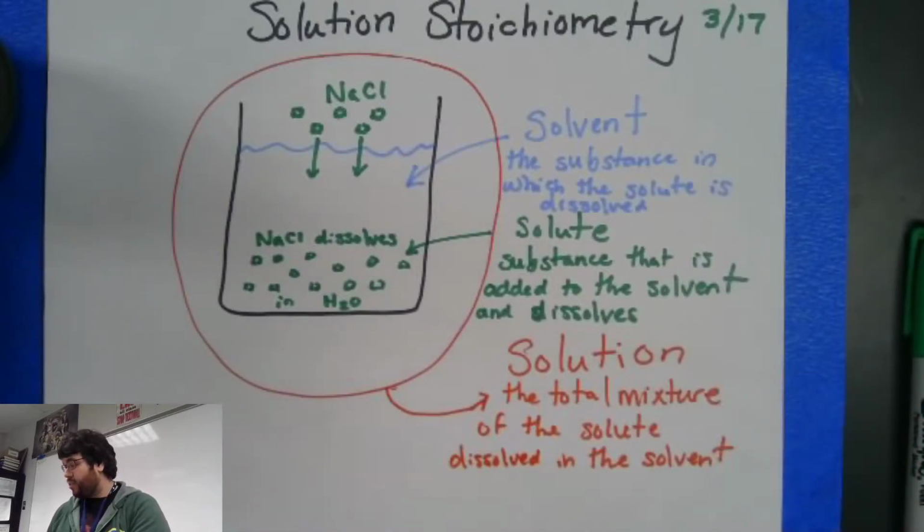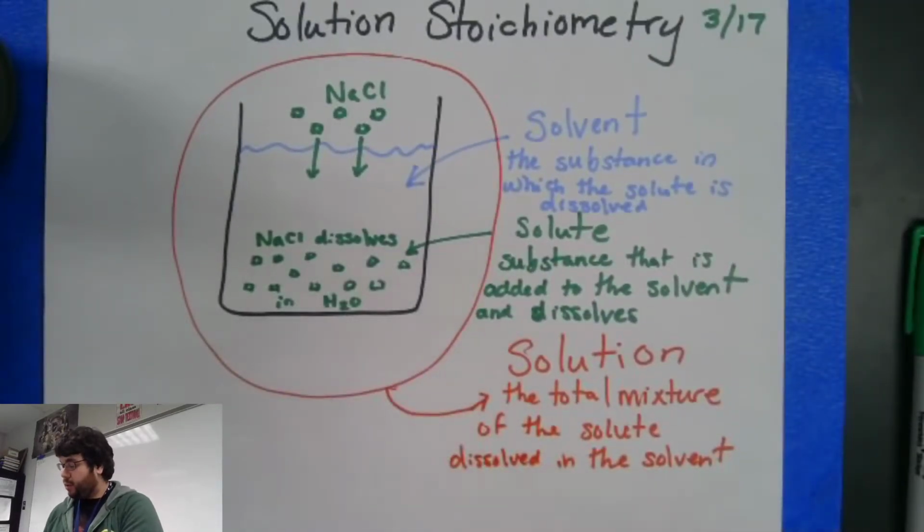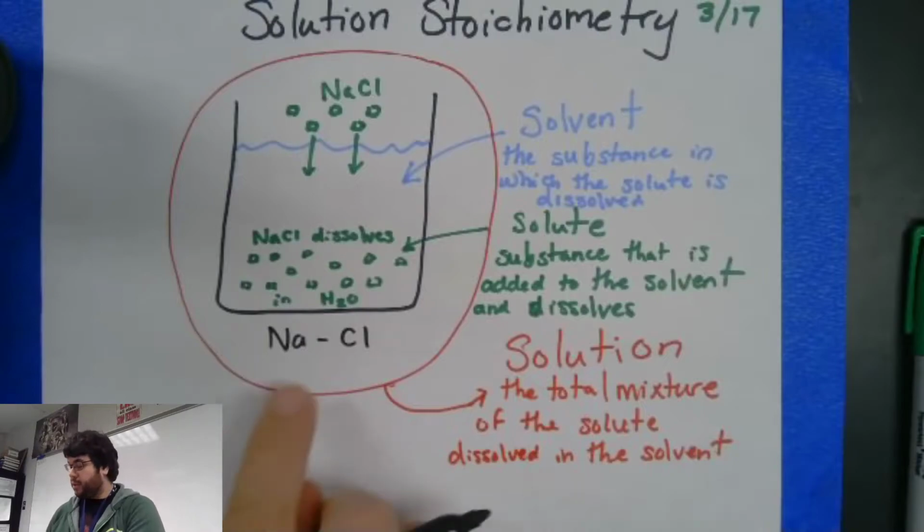And why does it dissolve? Well, you might remember that when the salt goes into water, like in the picture here, the ionic bond, NaCl, that bond is broken.